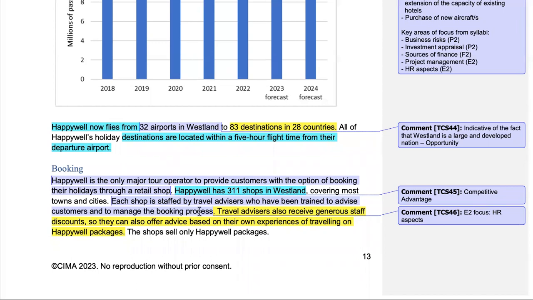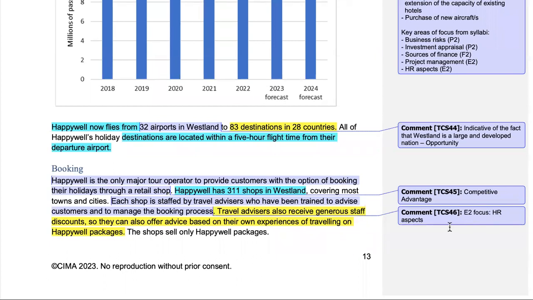And each shop is staffed by travel advisors who have been trained to advise customers and to manage the booking process. So we are not just running the retail shops. We have trained travel advisors working within them, and they help customers by providing all information, as well as handling the booking process.